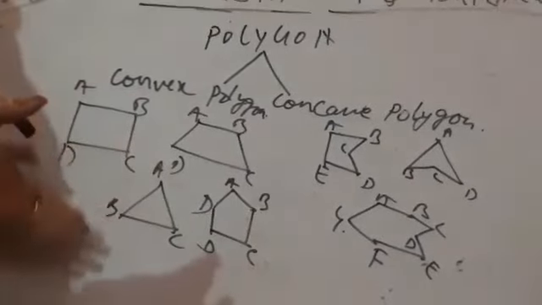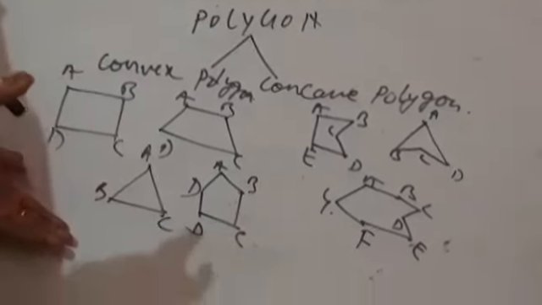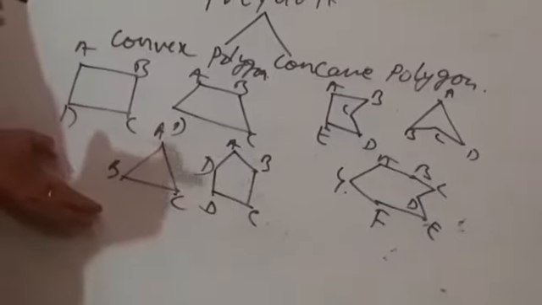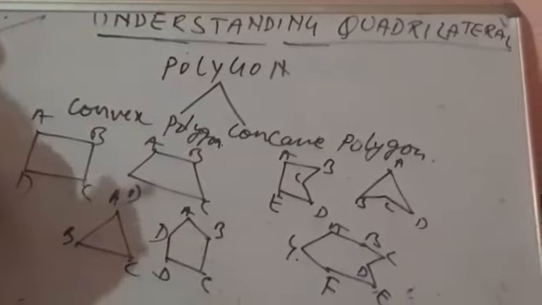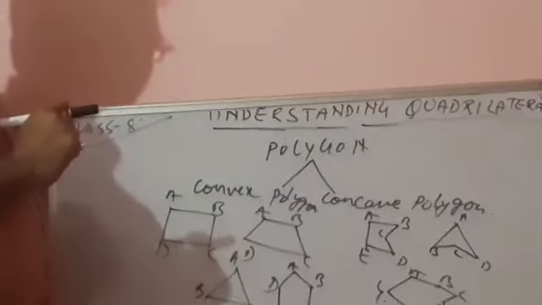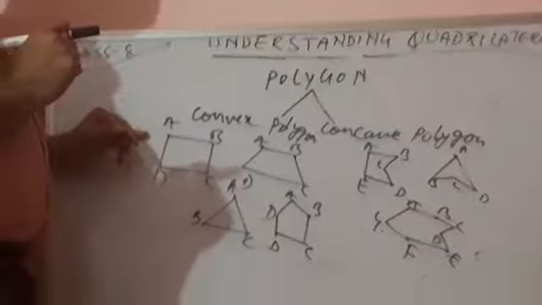I don't feel this would be enough information for you all. How to recognize these two on the basis of concepts, what concepts are being applied. So let me tell you, children, the very first marvelous thing to know whether it is a convex polygon or a concave polygon is that we need to see whether the vertices point outwards.